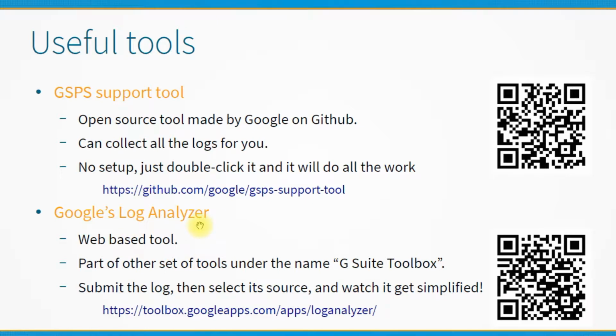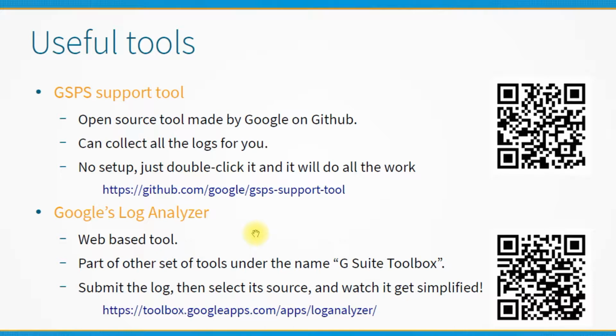This tool, the log analyzer, is basically a web-based tool. It's part of another set of tools under the name of G Suite Toolbox. So G Suite Toolbox will give you a lot of tools that will help you troubleshoot and work with issues and get information about various items and tasks related to G Suite administration and deployment.